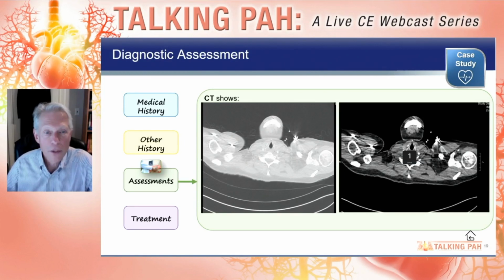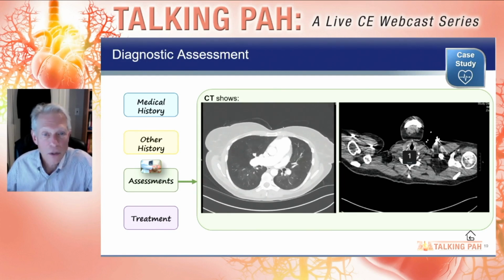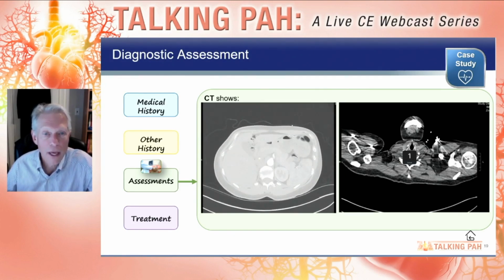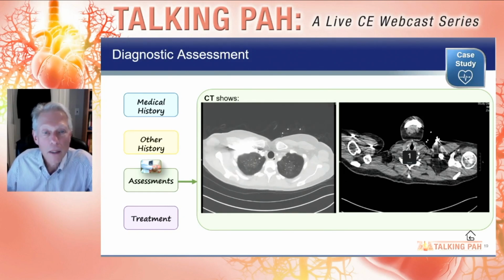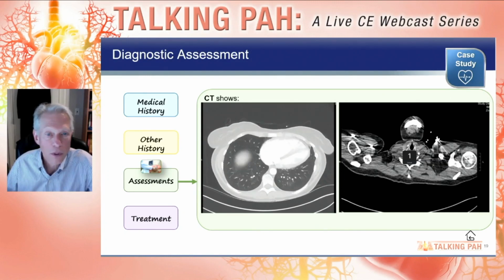As far as assessments, the first thing that often comes up is the CT scan, and this is a CT scan that shows you some features of PAH or pulmonary hypertension in general. What you're seeing on this panel on the left, you're seeing some hazy areas intermittent with darker areas.